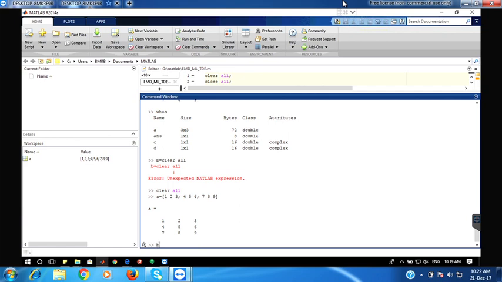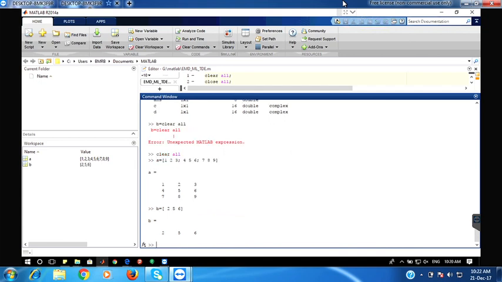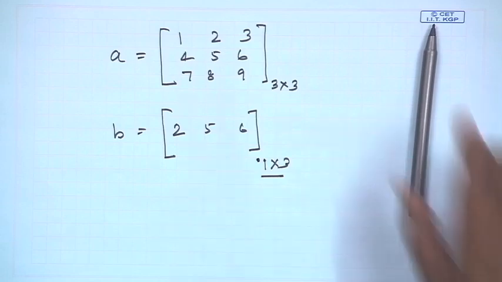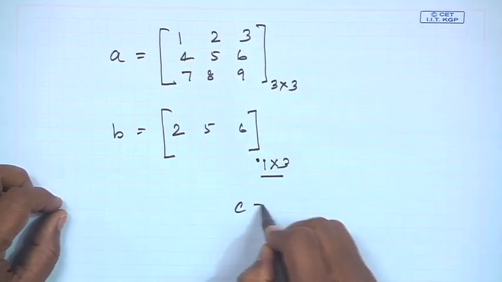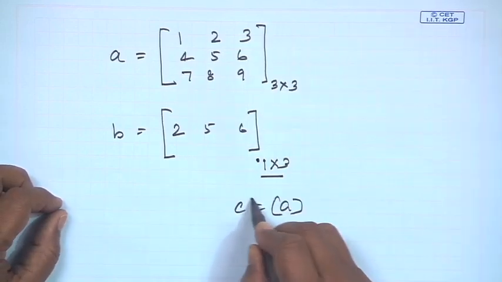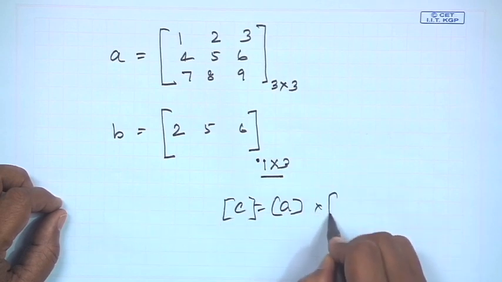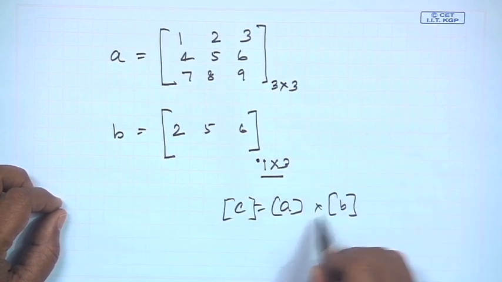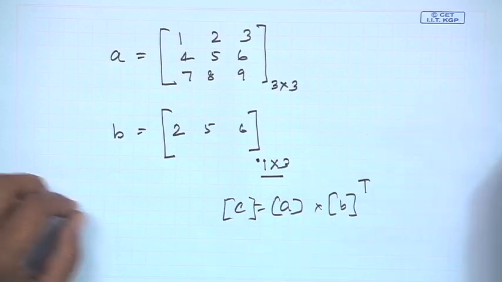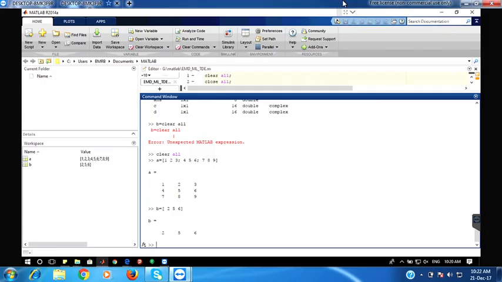Now, B is equal to 2, 5, 6. So B is 1 row and 3 columns. So this multiplication, C is equal to A times B, will not be correct, because I have to make it B transpose. So let me give BB is equal to B transpose.